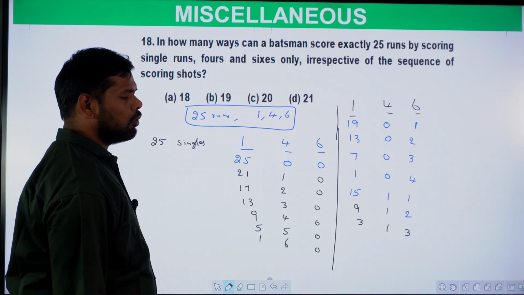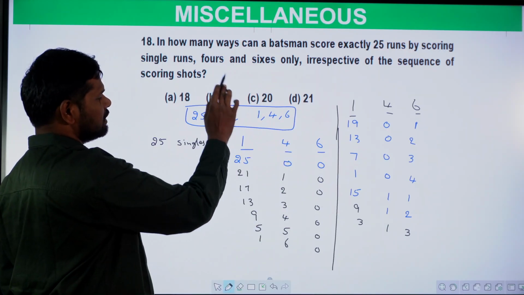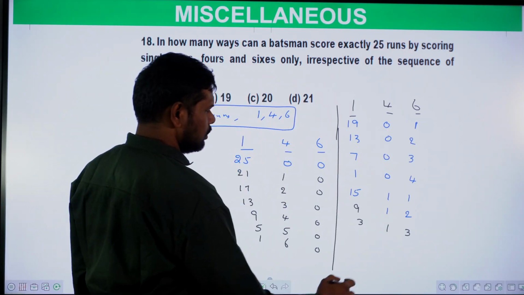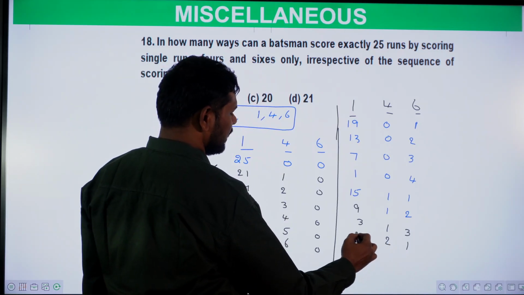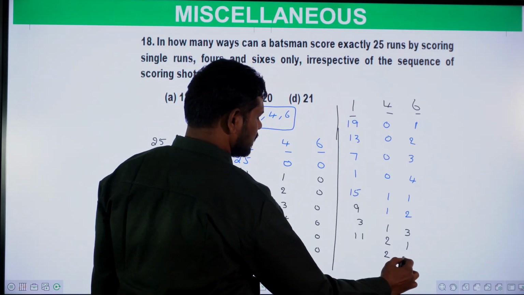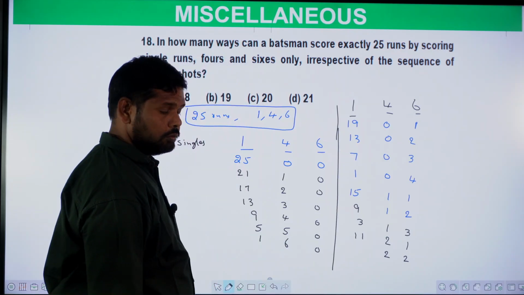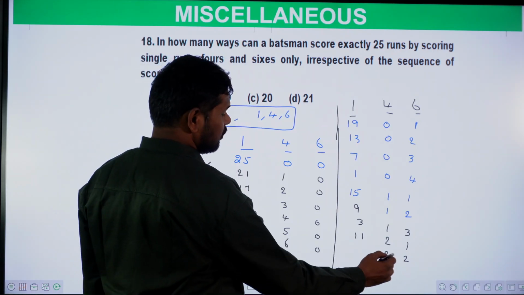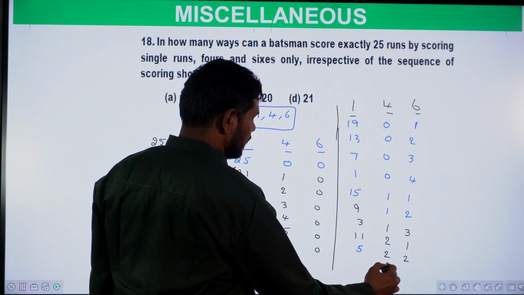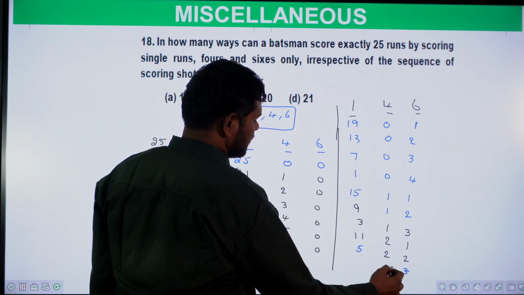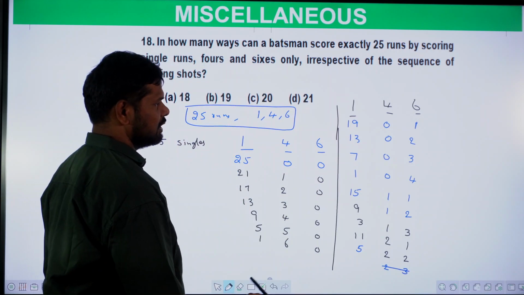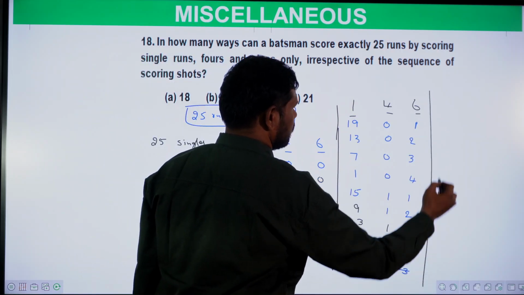One 4 and four sixes is beyond 25 runs, that's why it is not possible. Now two fours and one 6: 8 plus 6 is 14, remaining 11 runs. Two fours and two sixes: 8 plus 12 is 20, remaining 5. Two fours and three sixes does not exist, 18 plus 8 is too much. Next, again one more case.